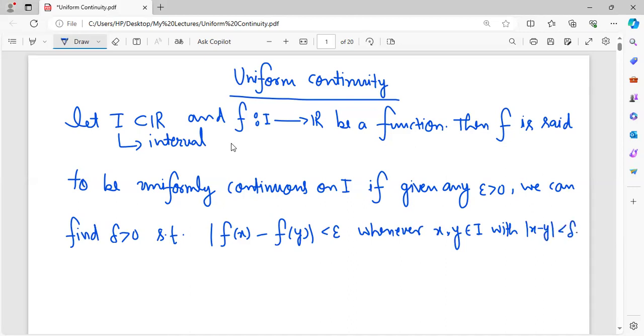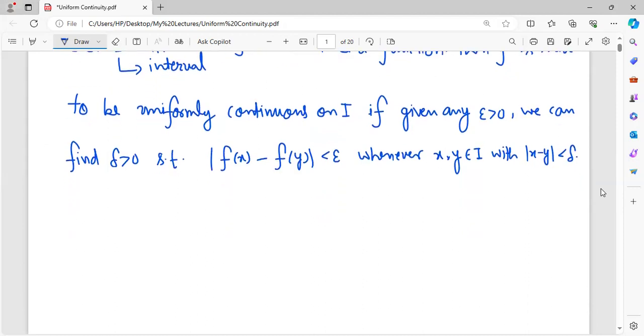So a function is said to be uniformly continuous if, given any epsilon greater than 0, the difference of images |f(x) - f(y)| is less than epsilon whenever x and y belong to I with |x - y| less than delta. What is the speciality in uniform continuity?